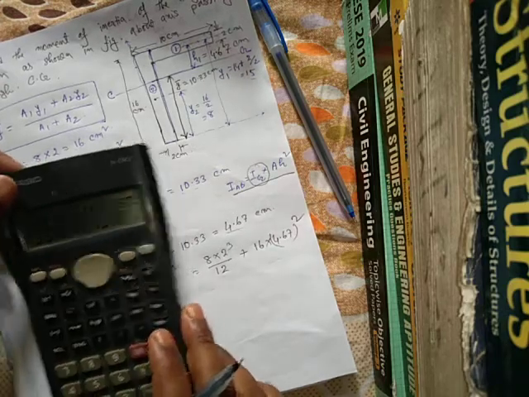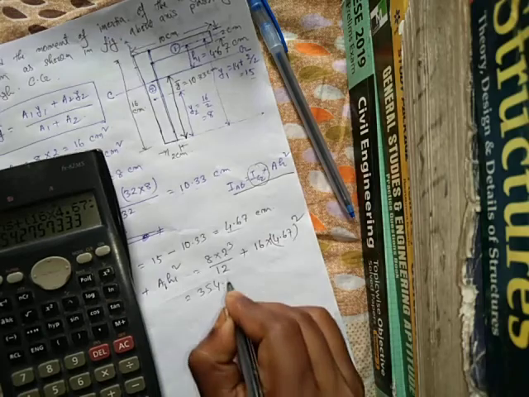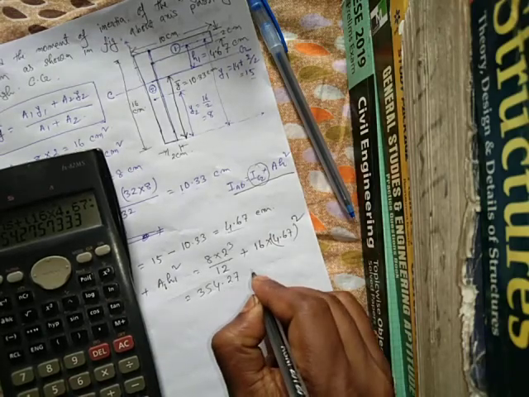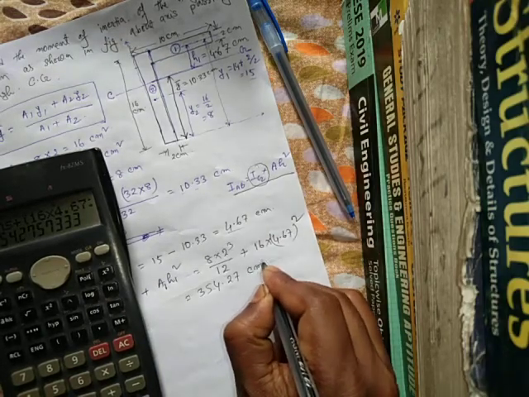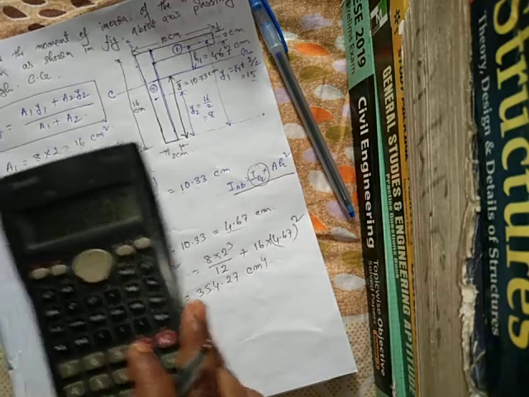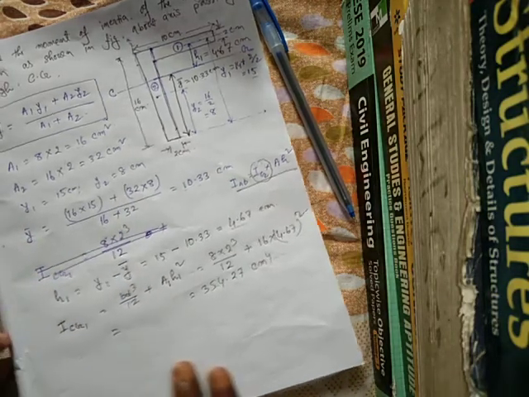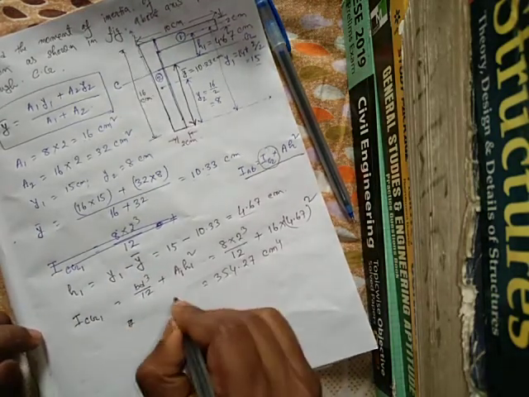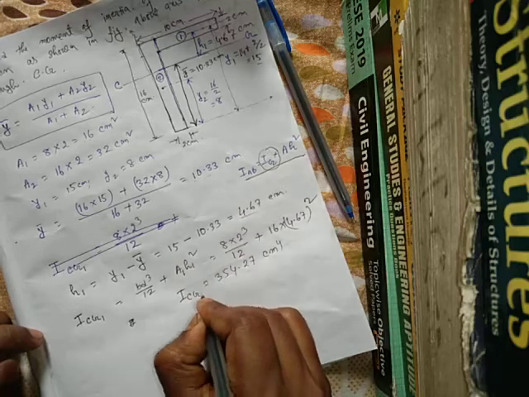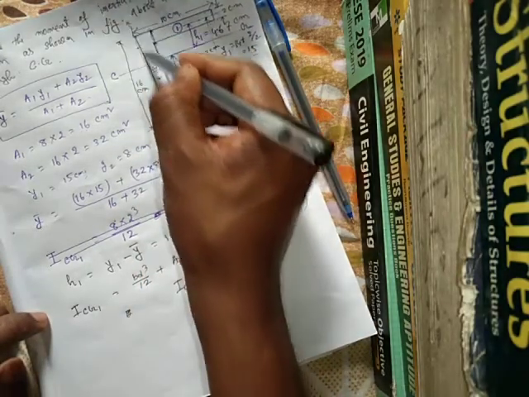This equals 354.27 centimeter to the power 4. The unit of the moment of inertia is centimeter to the power 4. This is ICG1.